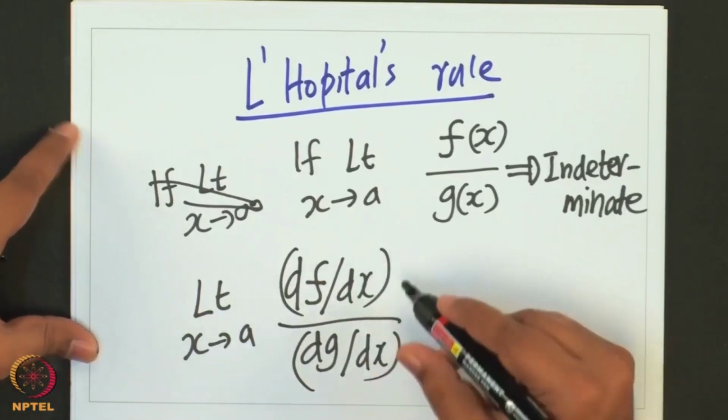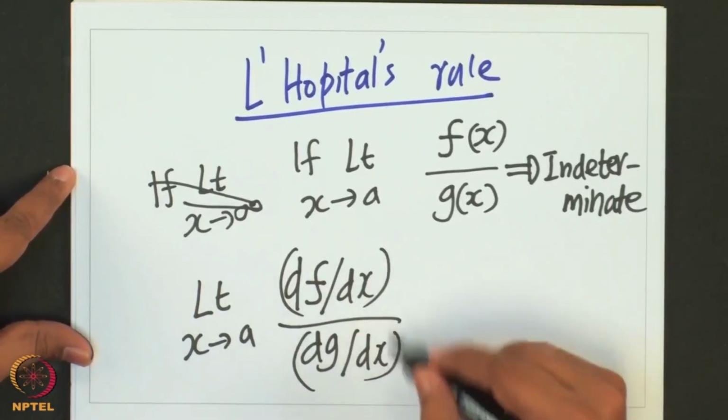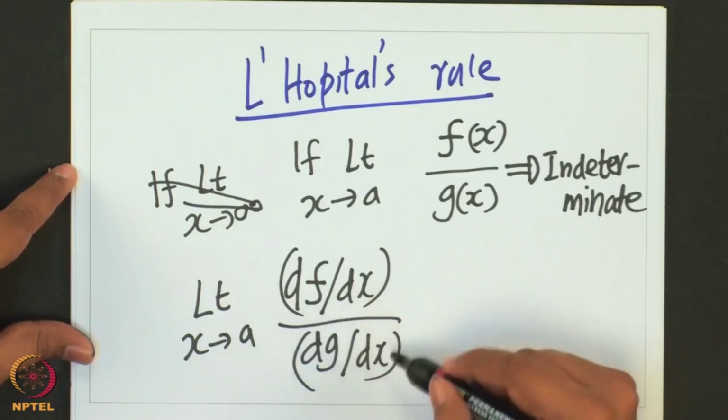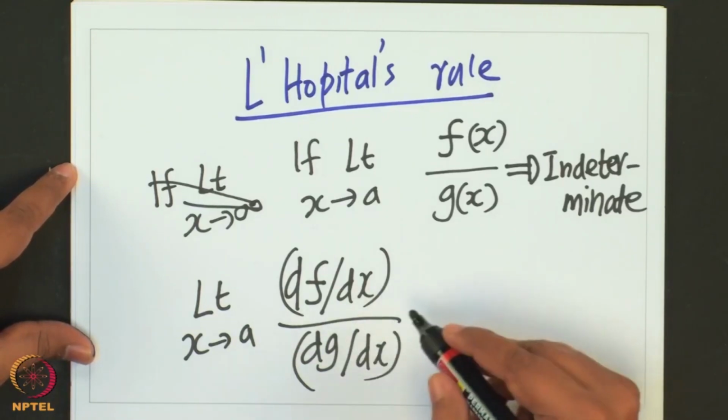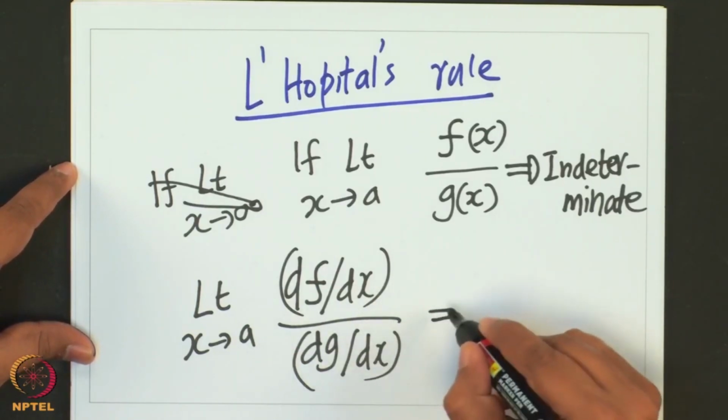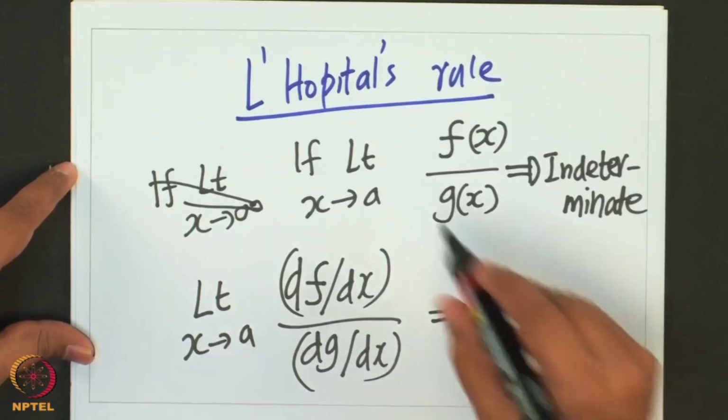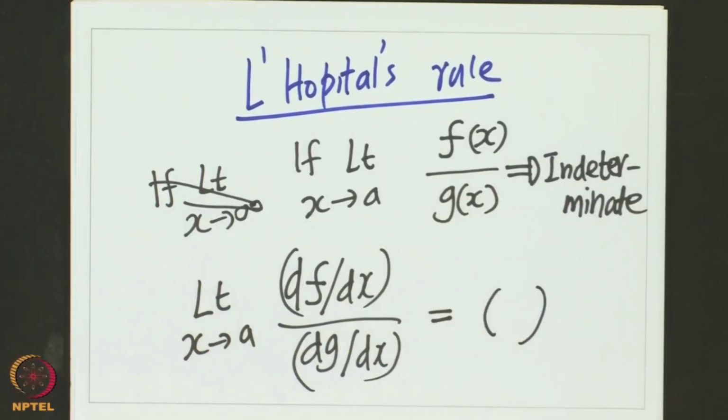So, you calculate the derivative of the numerator and derivative of the denominator separately, and then take the limit. Whatever we get would be the answer for this.